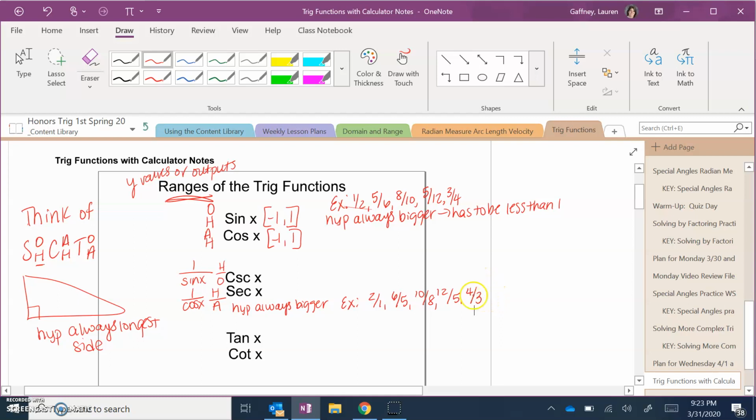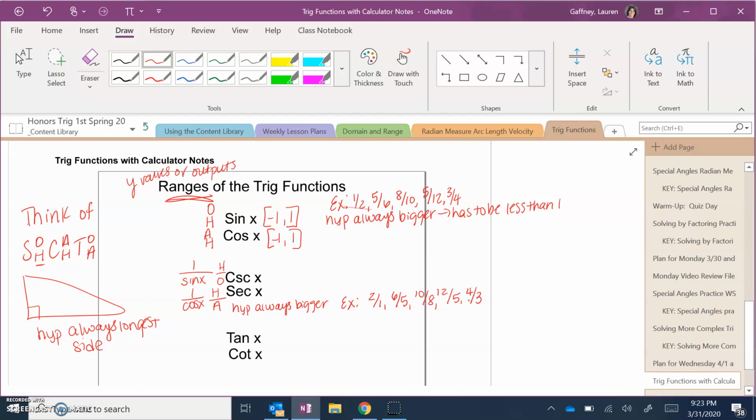Hopefully you're thinking they're bigger than 1. Now, they can include 1 because cosecant is going to be 1 whenever sine is 1, because they're reciprocals. If you flip 1 over 1, it's still 1 over 1. But hopefully you're recognizing now they're all bigger than 1. And technically, they could go as big as they wanted. Since your hypotenuse is always bigger, I could put 1,000,000 over 1.